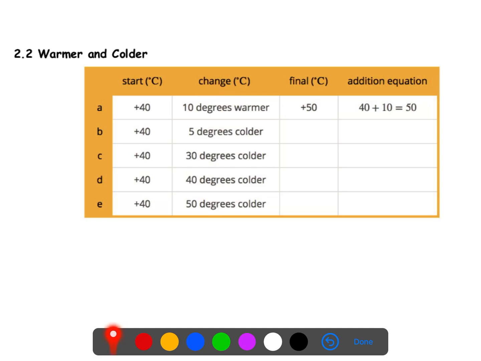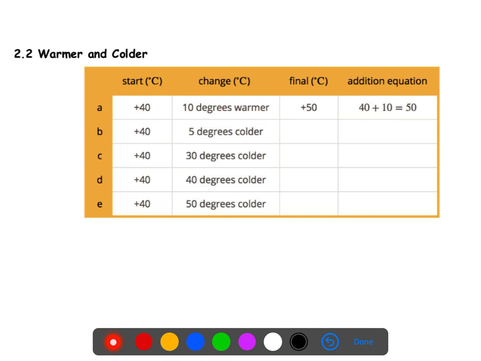They give us an example here where it gets 10 degrees warmer. So we increase the temperature 10 degrees, and that's why our final temperature here is positive 50 degrees, and our addition equation shows 40 plus 10 equals 50.